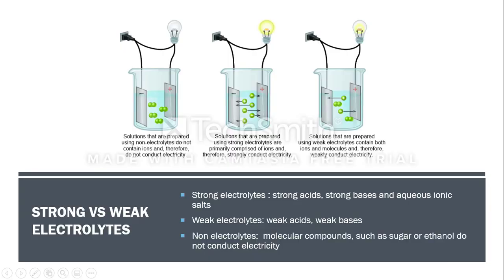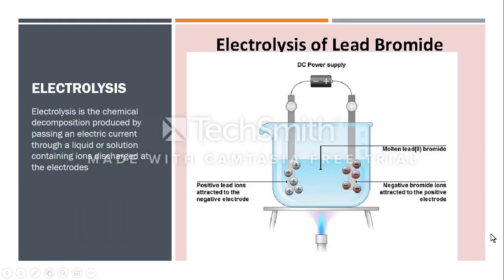Now that we understand the flow of electricity, we can now look at the term electrolysis. If you look at it, it has two words in it, right? One half of the word says electro and the other half says lysis. Electro means electricity. Lysis is actually Latin for splitting, right?